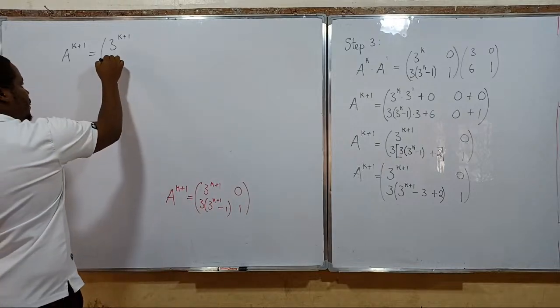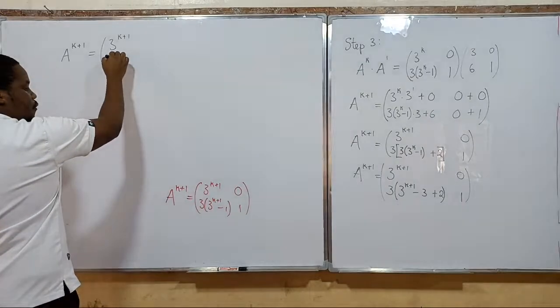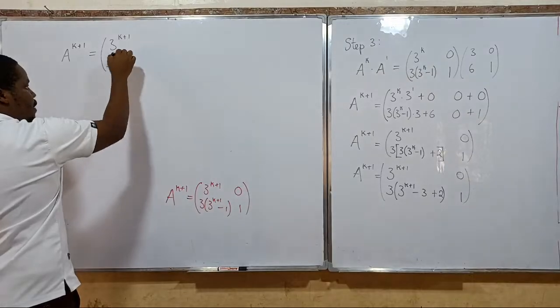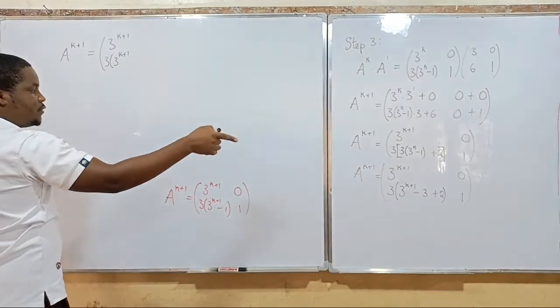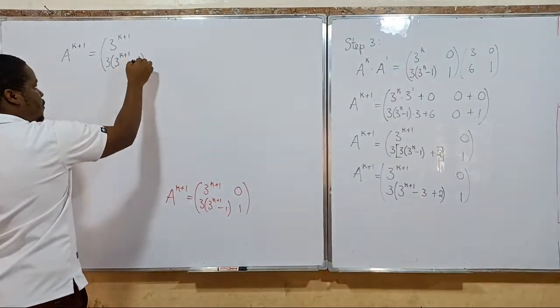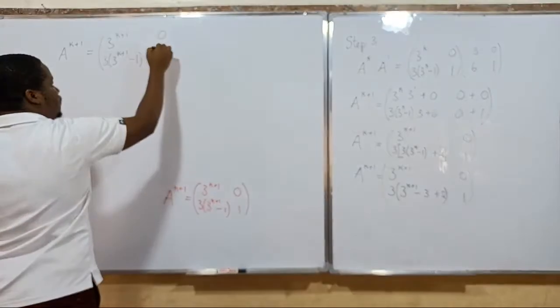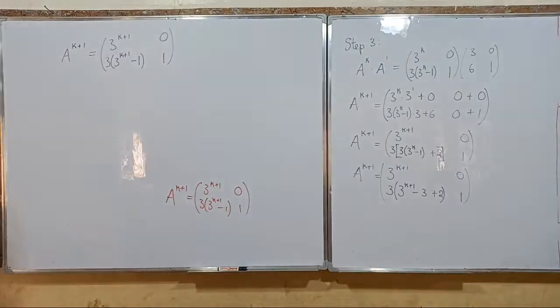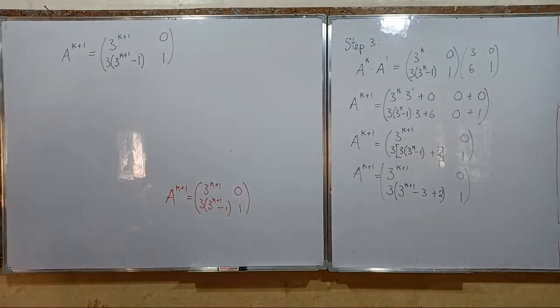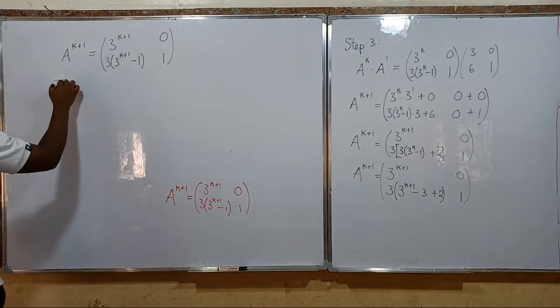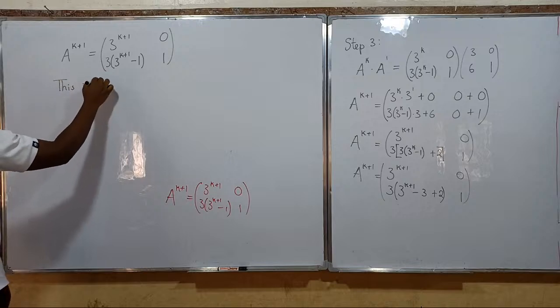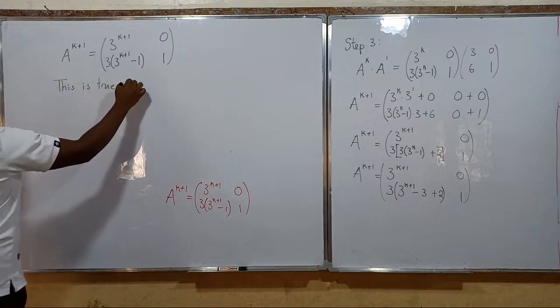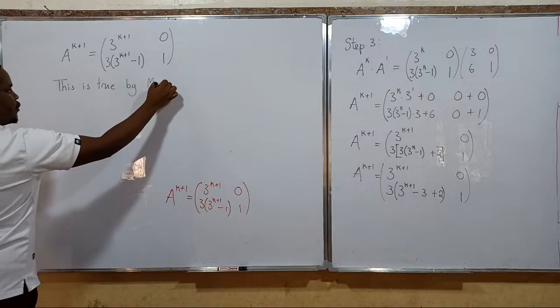So we'll have 3 outside, open bracket, 3 to the power k plus 1 minus 3 plus 2, we just get negative 1. We have a 0 there, we have a 1 there. So this is hence shown. So we conclude by saying this is true by mathematical induction.